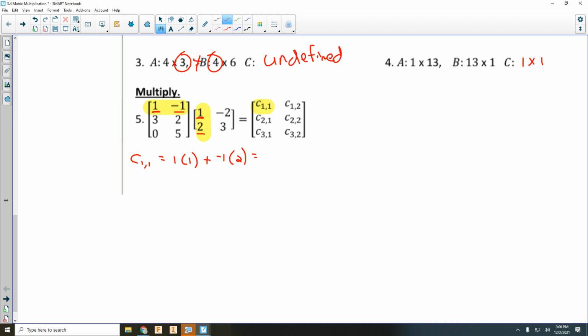So what is that? 1 plus negative 2 is negative 1. Is that it? Well, no. I've got to do this for every element. What is my result?